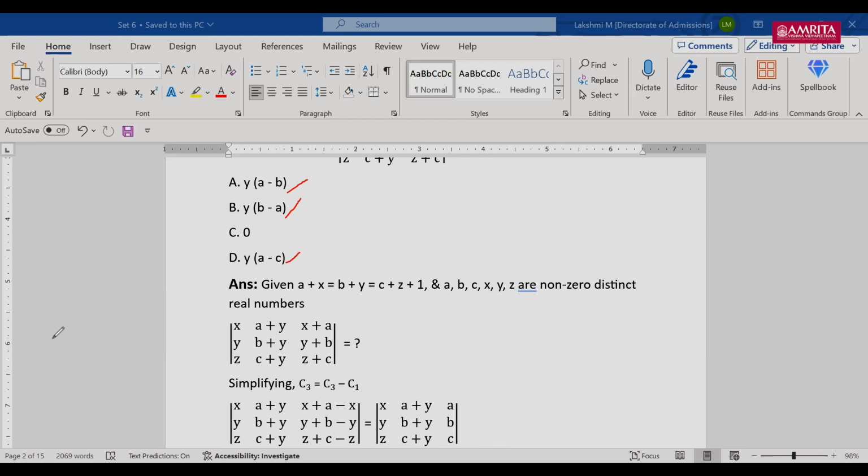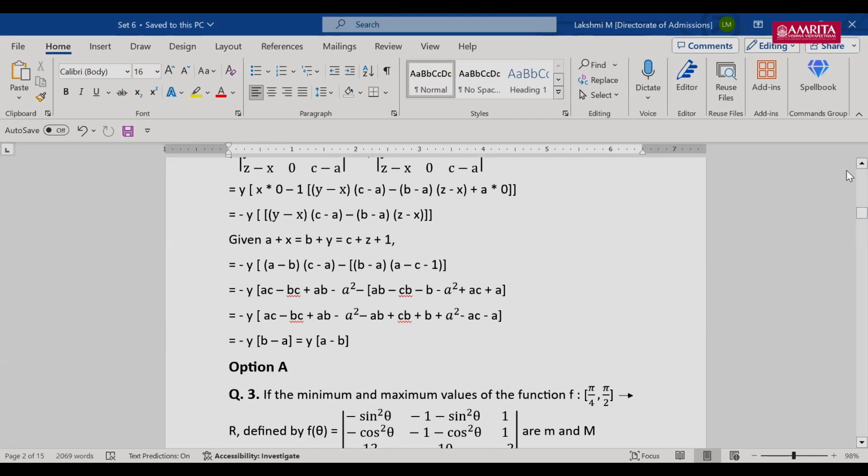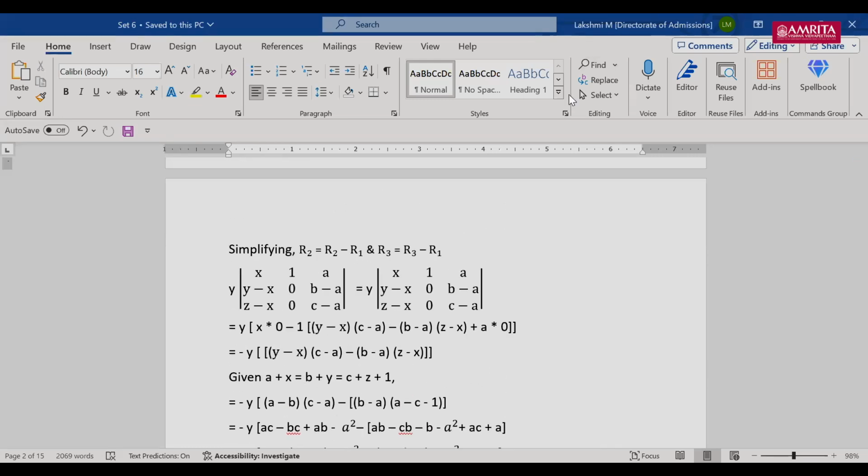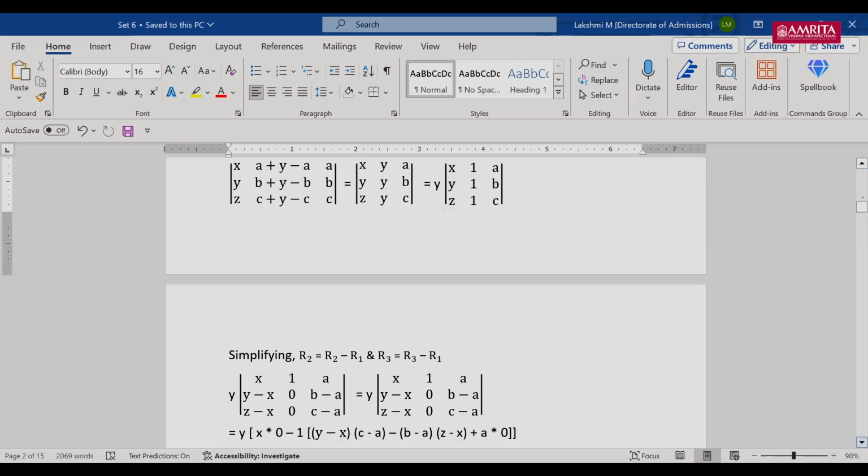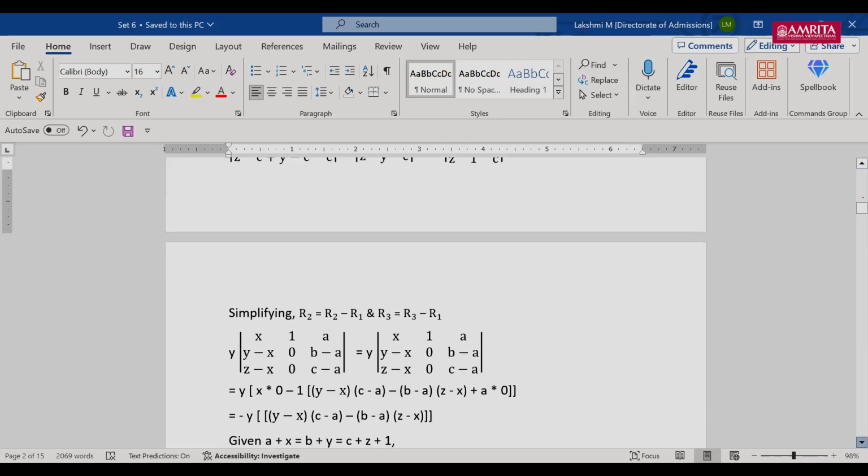It's Y multiplied by A minus C or B minus A or A minus C. I hope up to this portion it's clear. This was XYZ, 111, ABC. Now, I want it to be in some form of Y minus A, Y minus B. Something of that sort is there in the option. So I'm just going to think on whether I'll be able to do something like that.